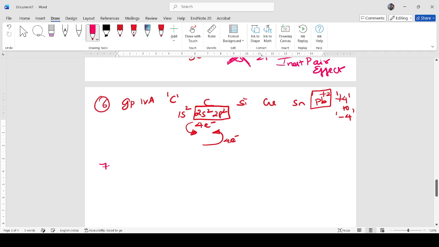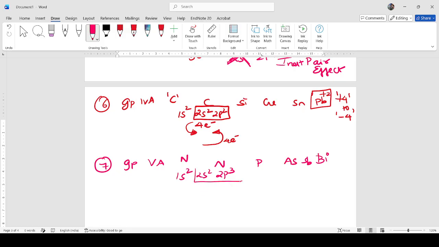The next group is group 5A, the nitrogen family: nitrogen, phosphorus, arsenic, antimony, bismuth. Here nitrogen has the configuration 1s2, 2s2, 2p3.